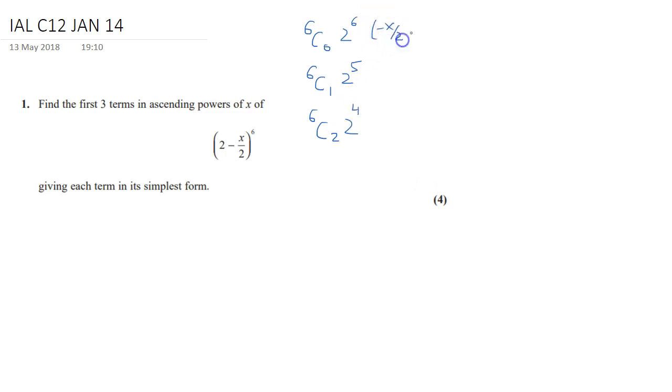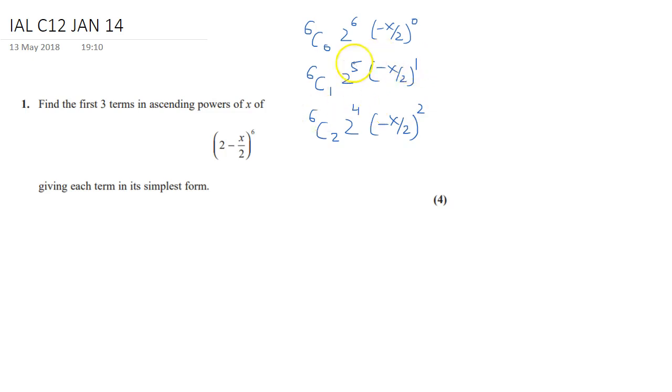Minus x over 2 is to the power 0, minus x over 2 is to the power 1, minus x over 2 is to the power 2.